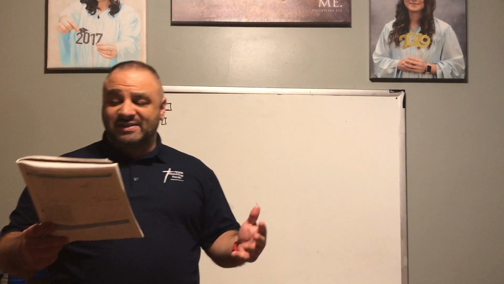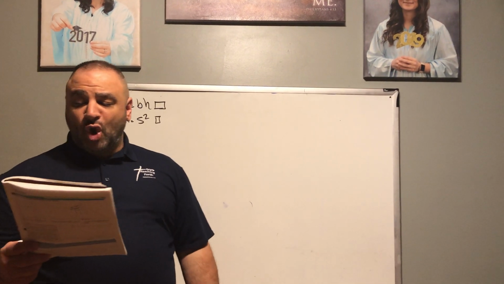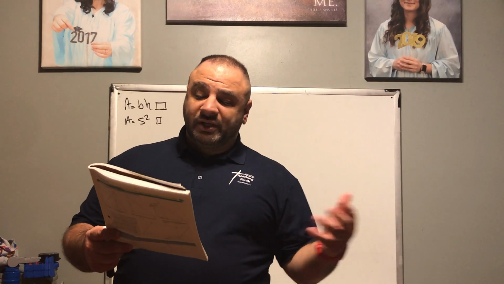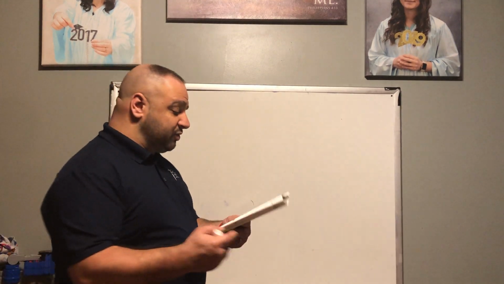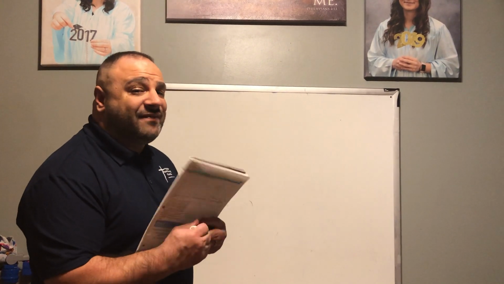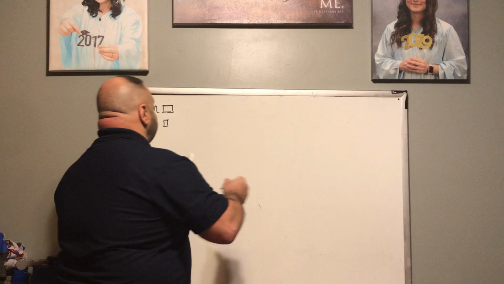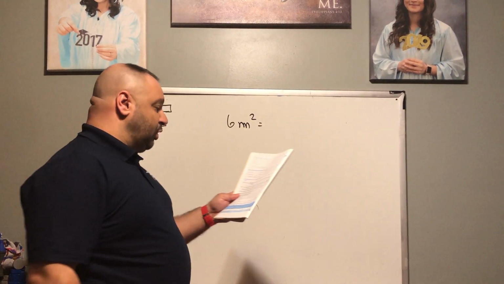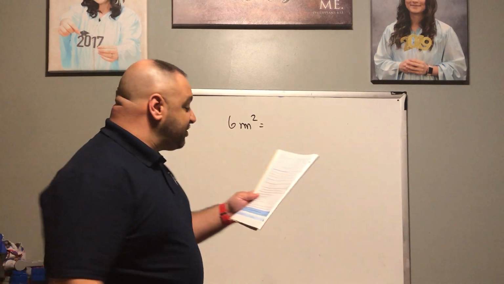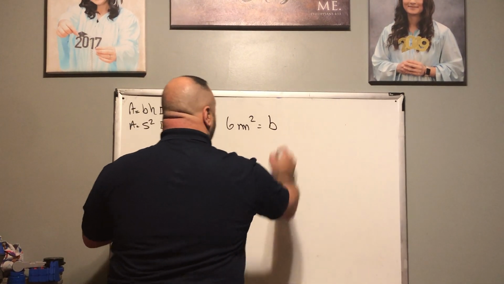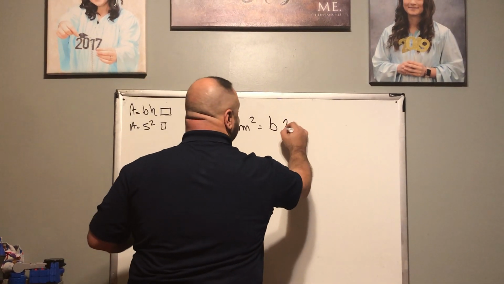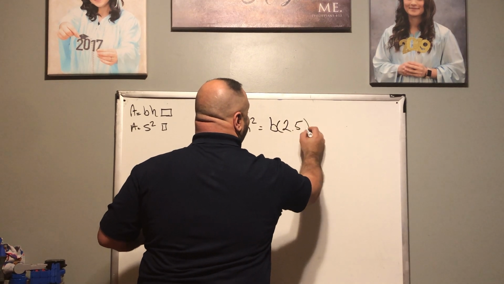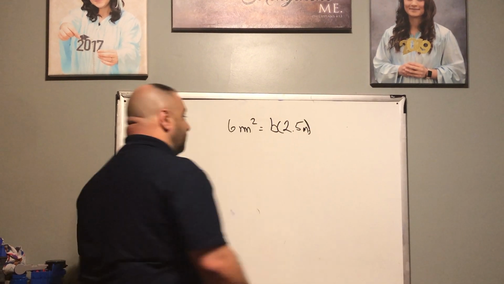Look at number 7 here. Using area equals base times height, find the unknown lengths. We have area equals 6 meters squared. So now they're giving us the area. So 6 meters squared is equal to the base and the height. We don't know what the base is, and the height is 2.5 meters.